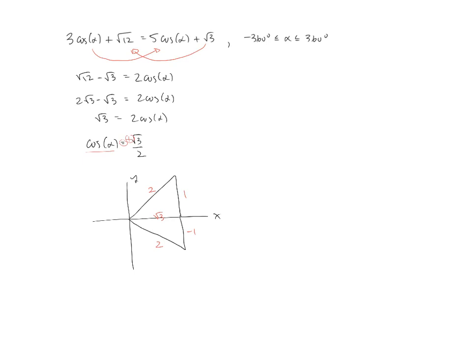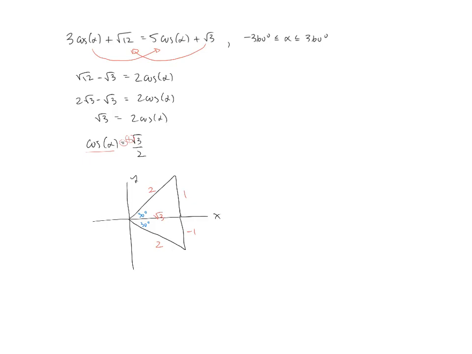Pi over 6 is fine, and hopefully your brain has been trained to think in radians. I am going to backtrack a little bit, though. Remember, we do want degrees. So just to be 100% clear in what I'm writing here, instead of pi over 6, I'm going to write 30 degrees as our reference angle.